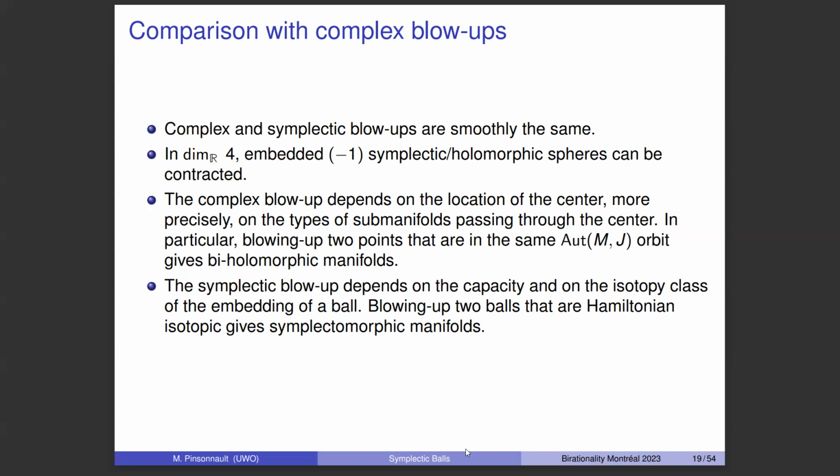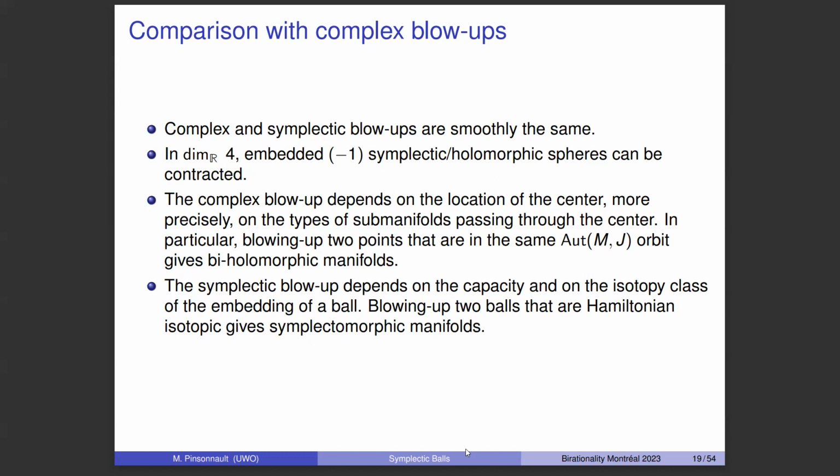Another point, of course, is that after you blow up once, you can blow up on the exceptional divisor of the previous blow-up. And then there is this notion of infinitely near blow-ups in the complex category. If you allow these things, then the question becomes absolutely horrible. Okay, so this is a very hard question. Even if you restrict yourself to CP2, which is the nicest possible manifold, essentially what you want to understand here is how the Cremona group acts on all configuration spaces of points and so on. So it's a very tough, difficult question.